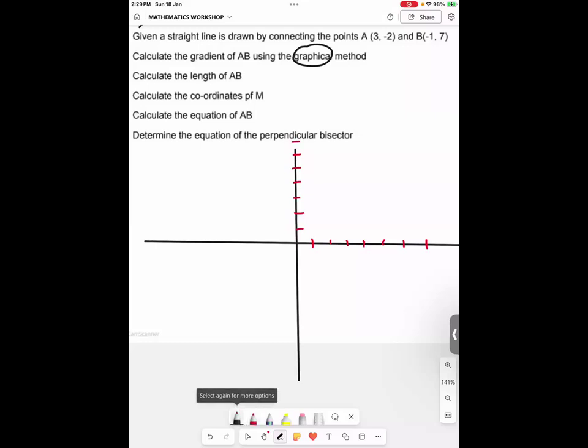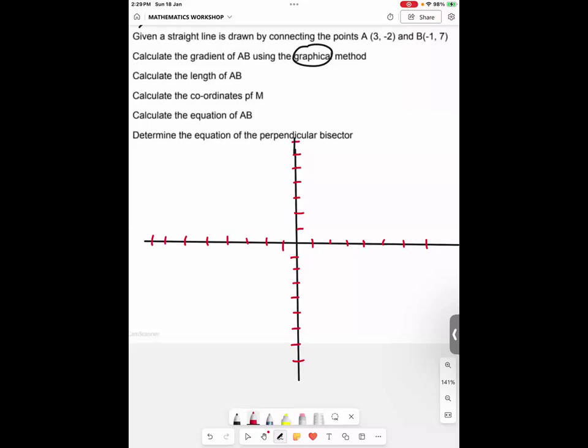Just draw this line up a little bit more, right? 7. I'm going to number down here as well, even though I may not end up down there, but I'm still numbering it. 1, 2, 3, 4, 5, 6, 7, 8. Continue. And then over here, 1, 2, 3, 4, 5, 6, 7, 8.